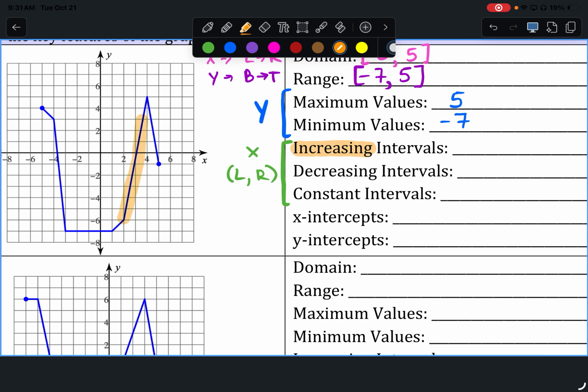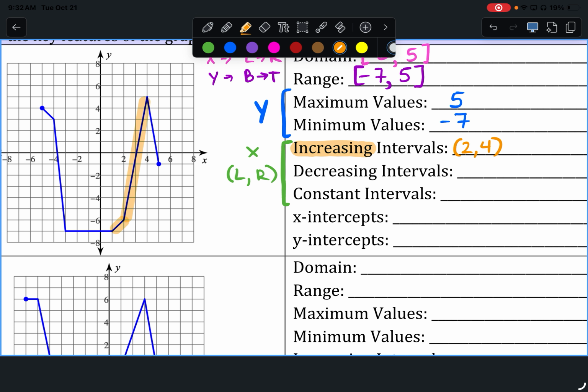From 2 to 4. Okay, so we would write that first interval from 2 to 4. Now on that, is there anywhere else it increases? Yeah, look, it's also increasing from 1 to 2.